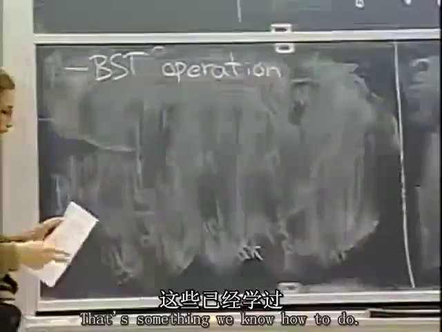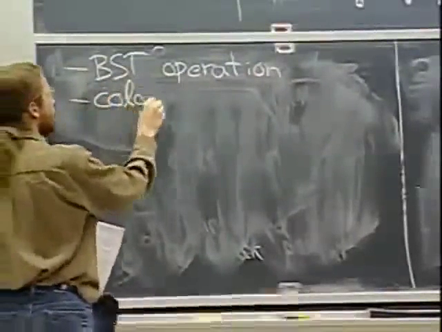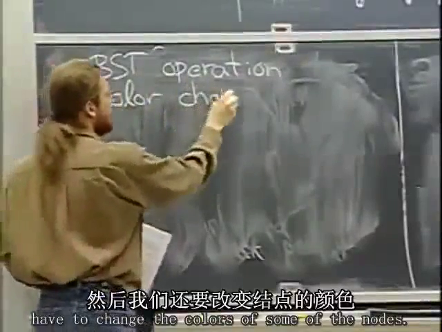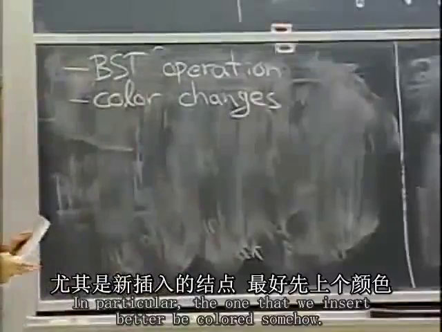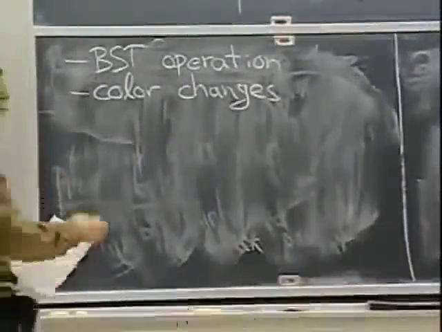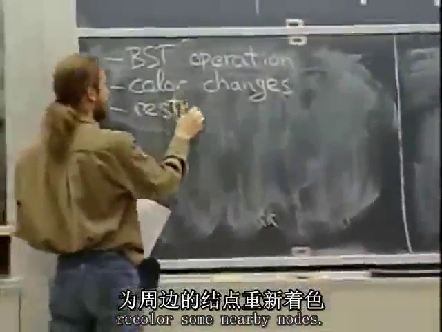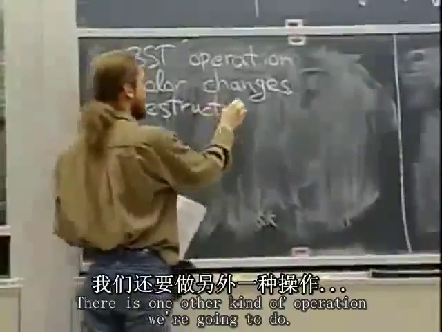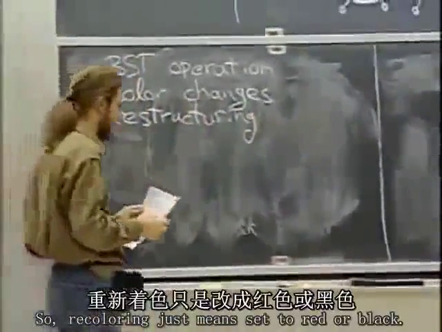That's something we know how to do. Let's just do it. We're going to have to change the colors of some of the nodes. In particular, the one that we insert better be colored somehow. And in general, if we just rip out a node, we're going to have to recolor it. Recolor some nearby nodes. There's one other kind of operation we're going to do. So recoloring just means set to red or black.